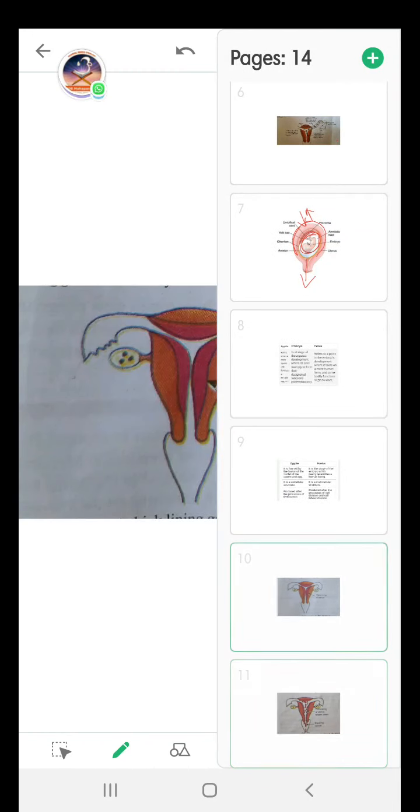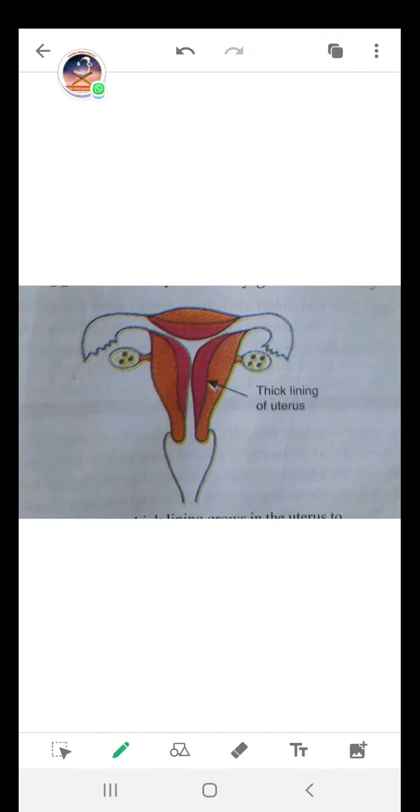In a normal healthy girl, ovulation takes place on the 14th day of the beginning of the menstrual cycle. It means in the middle of the menstrual cycle, that is the 14th day, the ovulation takes place.